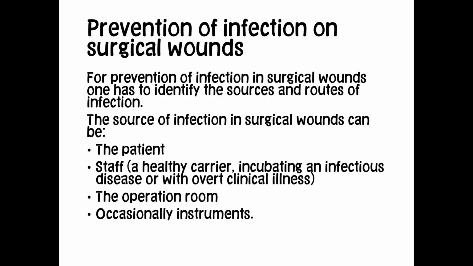Next, let's discuss the measures that can be taken to prevent infection spread on surgical wounds. For prevention of infection in surgical wounds, we should be able to identify the sources and routes of infection so that we can know how to control them.